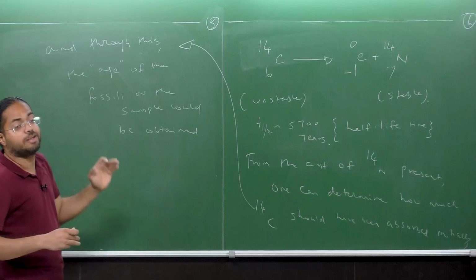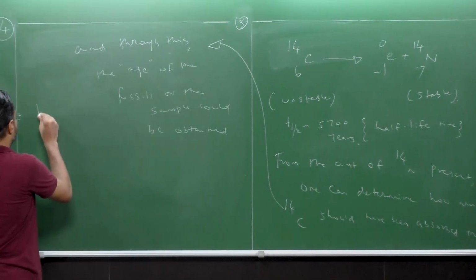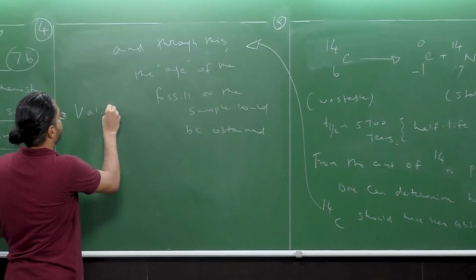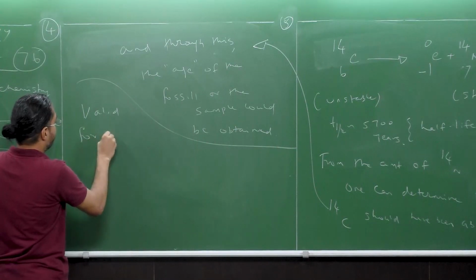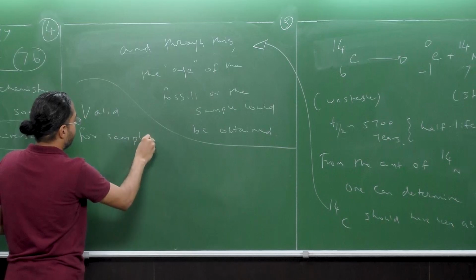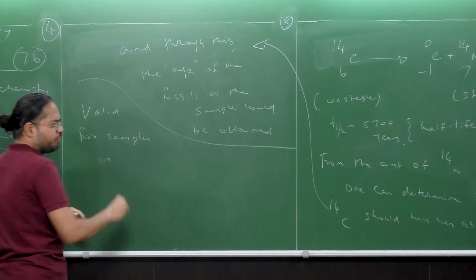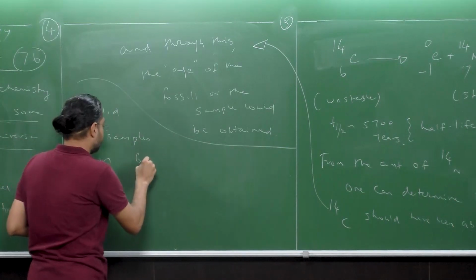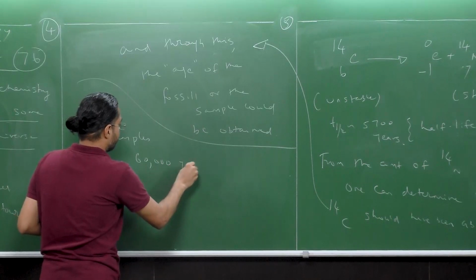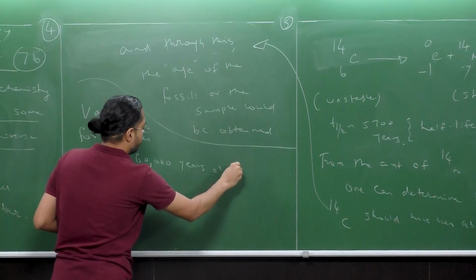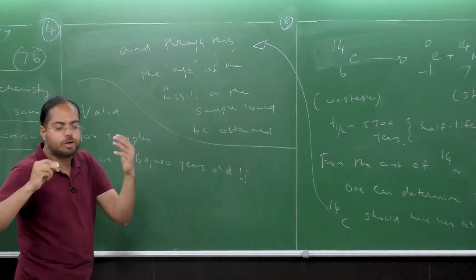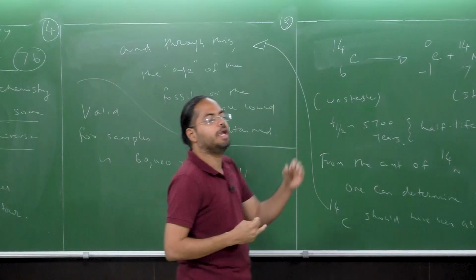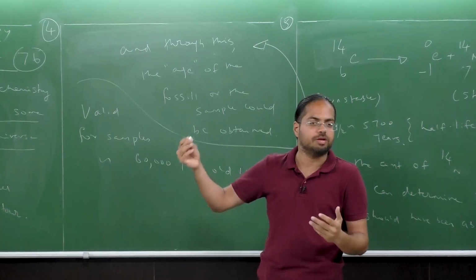Now, this technique is valid for samples which are of the order of 50,000 to 60,000 years. All right, but what is the age of the universe? Forget the universe.